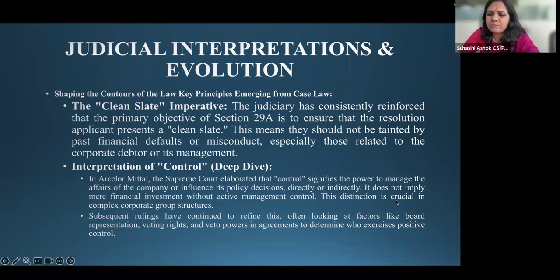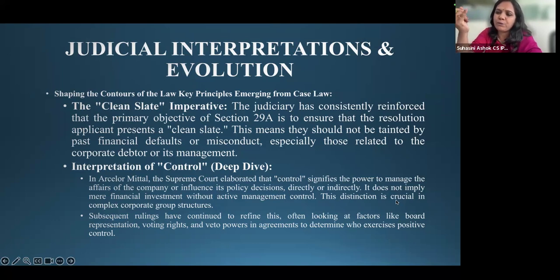You are right. Even in CIRP, sir, before submitting the plan, there is a process called expression of interest. We issue Form G along with that expression of interest form. We issue a detailed EOI also, where we give all the formats and eligibility criteria. Under that, we have financial criteria.